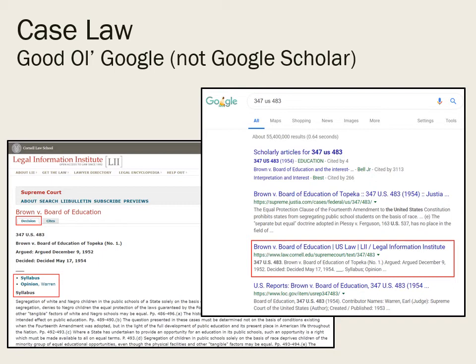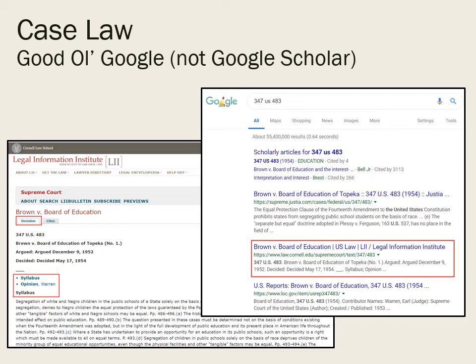So if I click on Brown v. Board of Ed for Cornell LII, and I've got that highlighted in a red box there, Google will automatically take me to the decision and syllabus for the case. You'll see here under Brown v. Board of Ed, I have highlighted the decision tab, and I've also highlighted the syllabus and opinion.